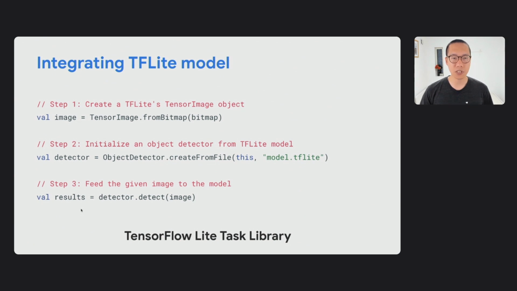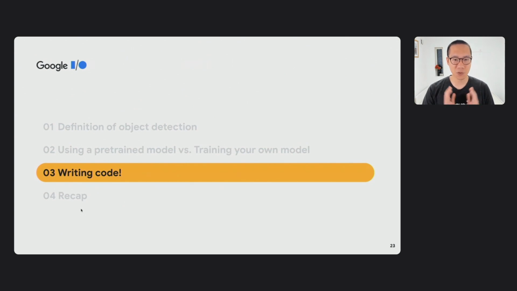I will not go into details because we will go into much deeper details later in this workshop when we write this code. So just keep in mind that it's really easy to integrate an object detection model by using the Task Library.